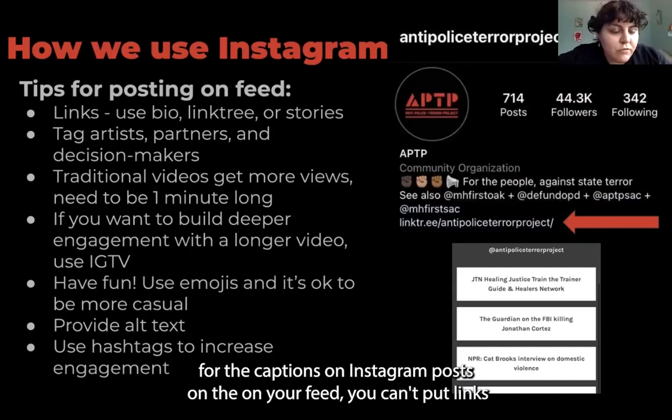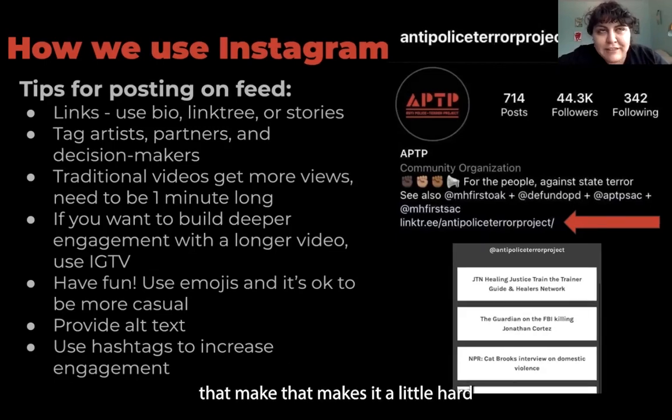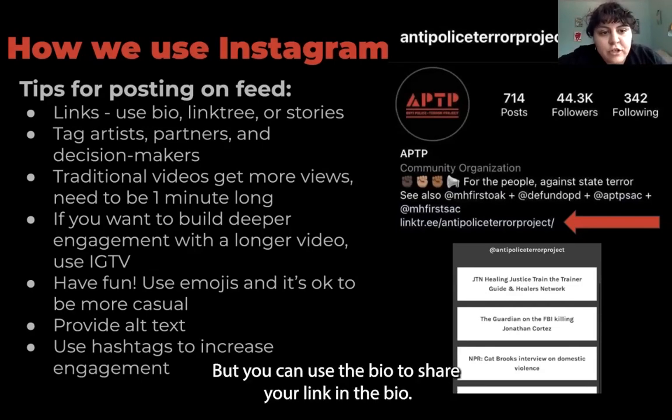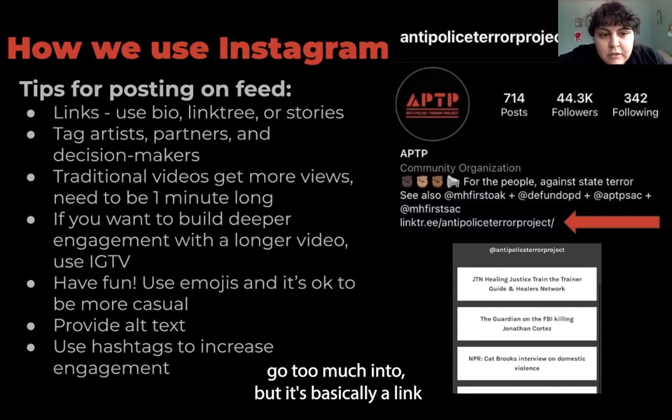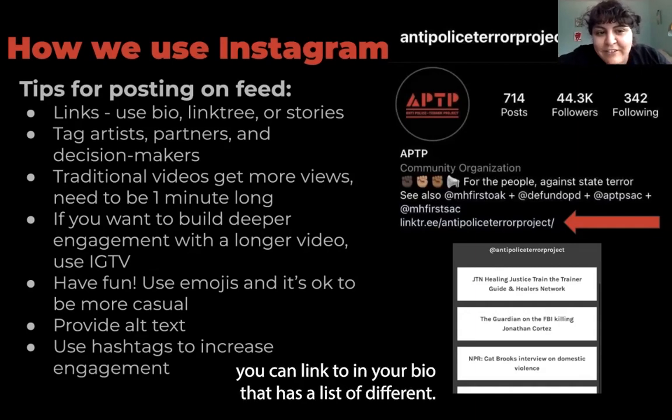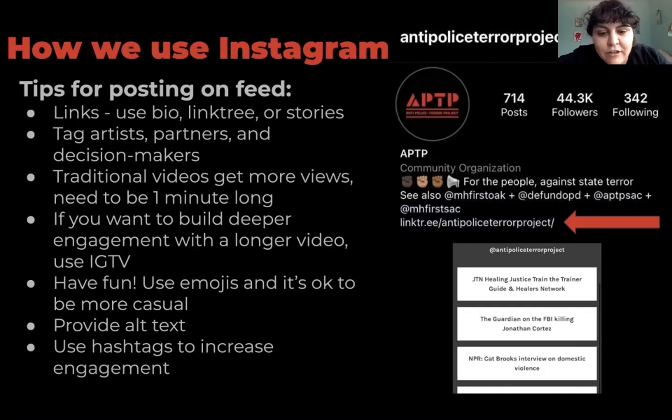Just some notes. For the captions on Instagram posts on your feed, you can't put links. That makes it a little hard to share a call to action on Instagram, but you can use the bio to share your link in the bio. You can also set up a link tree, which is basically a link you could link to in your bio that has a list of different actions that you want people to take.